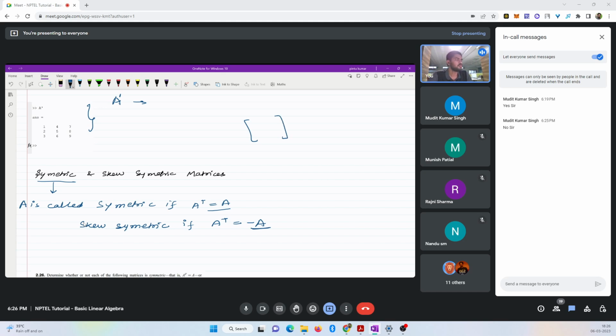First of all, they should be of the same size, and their corresponding entries should match. So if this entry is 1, this entry should also be 1. If this entry is, let's say, A, then this entry should also be A. If they are of the same size and their corresponding entries match, then these two matrices are called equal matrices.